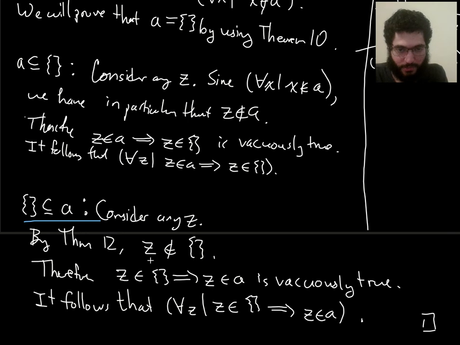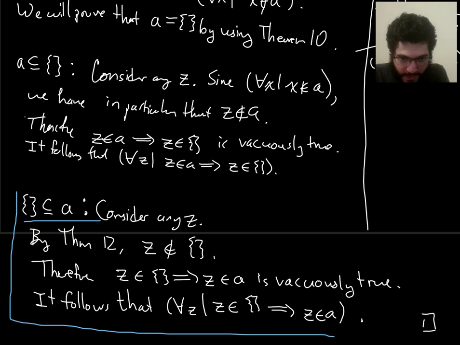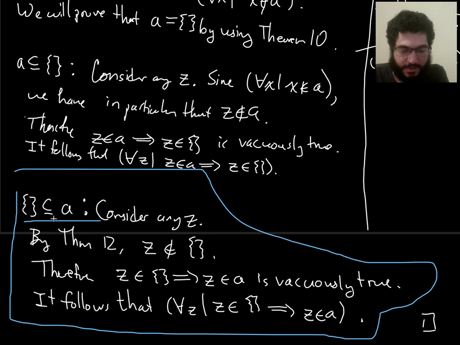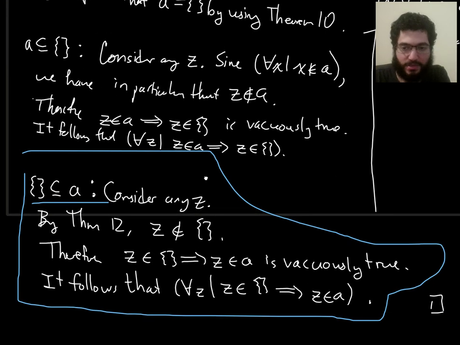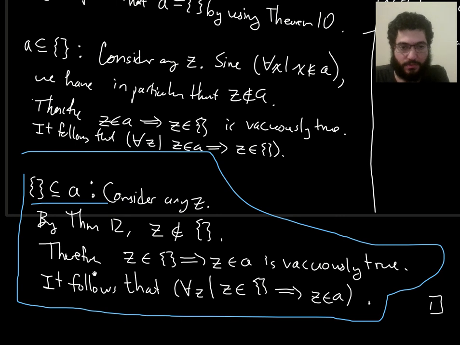We could just use Theorem 12. So if we section this part off, this can be its own proof that the empty set is a subset of A without any assumptions about A, so for arbitrary A. So, in other words, this can become its own proof that the empty set is a subset of any given thing.